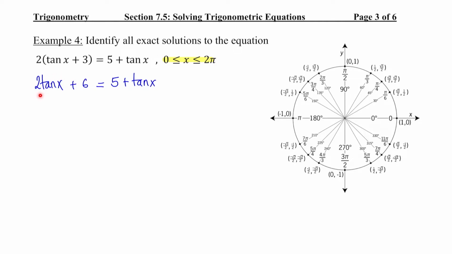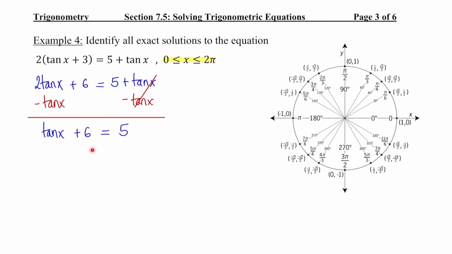Next, I am trying to bring the tangent to one side. I can bring 2 tangent from here to the right side or tangent from here to the left side. It doesn't matter. So I'm going to go ahead and bring this tangent from the right side to the left side by subtracting tangent from both sides. 2 tangent x minus tangent x is tangent x plus 6 equals 5.